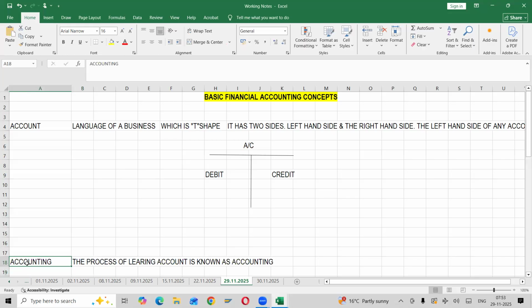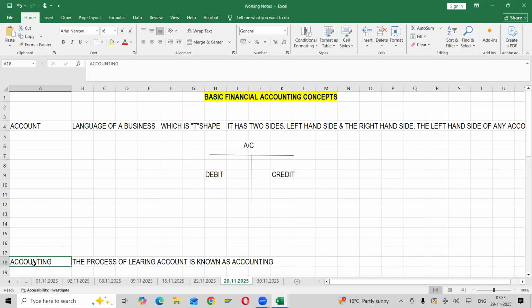For example, in intermediate we start the first step by taking MEC or CEC or whatever group, so first 2 years, and after that a BCom or BBA, so the next 3 years, and after that your masters, MBA or MCom. So you learn the process, and the process of learning account is known as accounting.